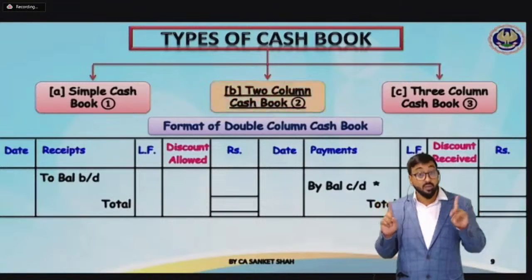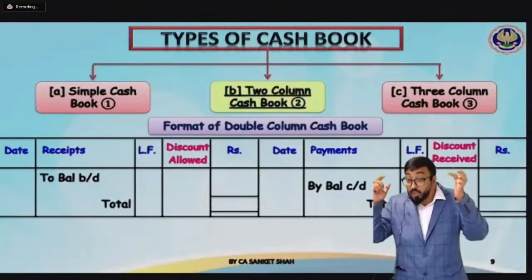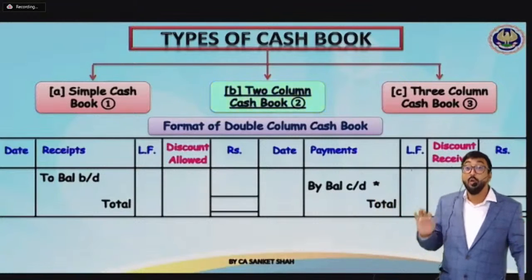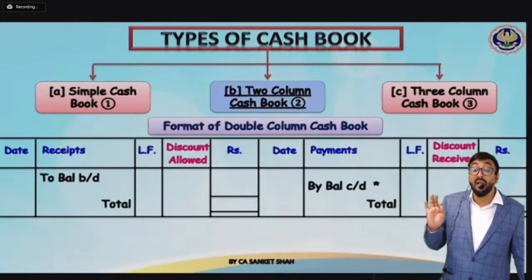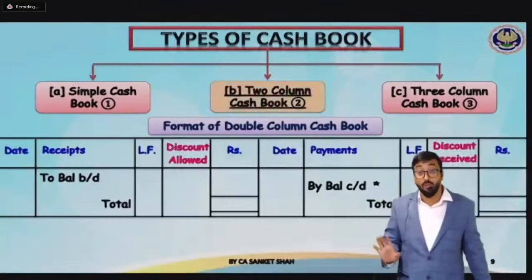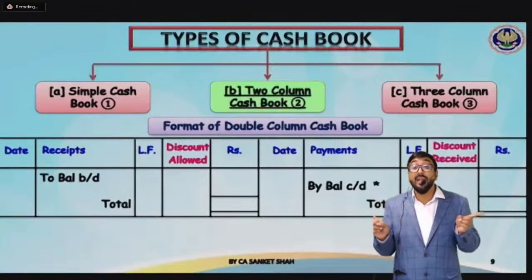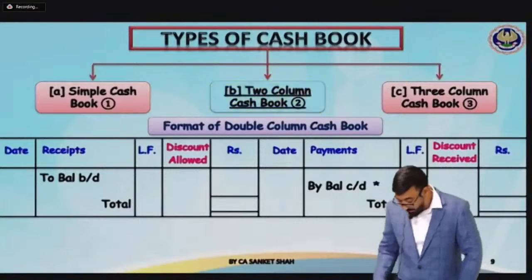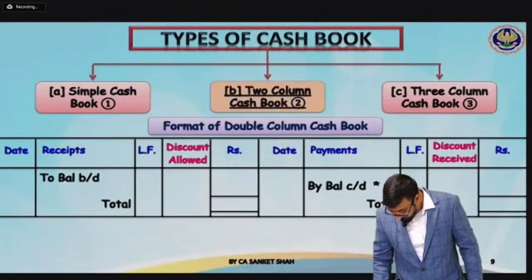But wait. Important point. Make sure, now this point is very important. Don't balance the discount allowed column and the discount received column. You cannot net off. Sir, what is the meaning of net off? Please tell me. Yes, understand it.